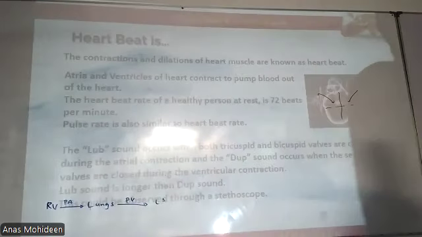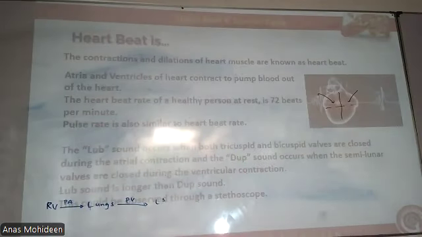This is called the interval, the third stage. Now one heartbeat is complete, and the next heartbeat starts.